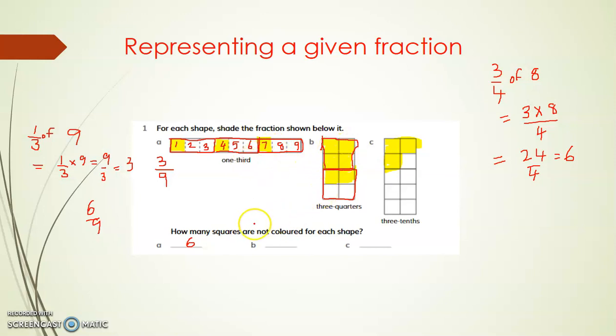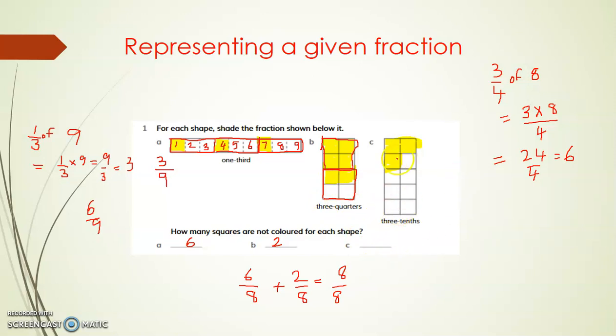Similarly, coming to this, non-colored squares എത്രയുണ്ട്? 2. അല്ലേ? ഇവിടെ colored എത്രയാണ്? 6/8 ആണ്. Non-colored എത്രയാണ്? 2/8 ആണ്. Together it is 8/8, 1 whole. Shaded-ഉം non-shaded-ഉം കൂടി നോക്കിക്കഴിഞ്ഞാൽ together it is 8/8, which is 1 whole.